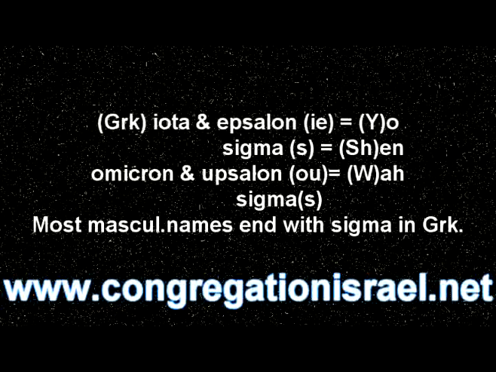Also too, there is no letter for the W sound. So what do they do? They give you the Omicron, and next to it they put Upsilon, which gives you the long U sound. And again, there is no SH sound, so you got another S. There is no W sound.